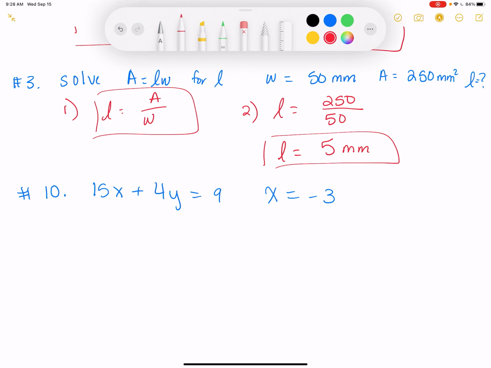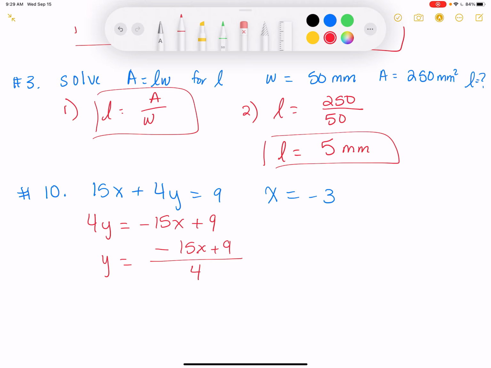I want to get y by itself, so what should I do first? Subtract 15x. So 4y is equal to negative 15x plus 9. And then now what? Divide by 4. So y is equal to negative 15x plus 9, all divided by 4.